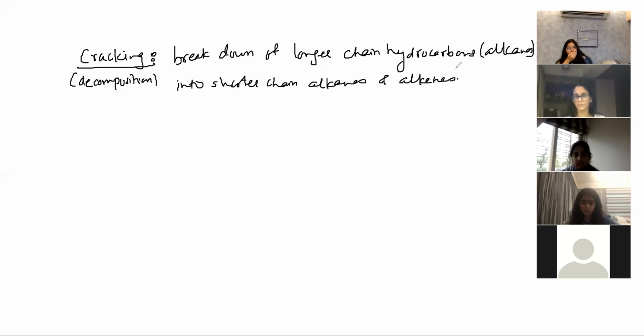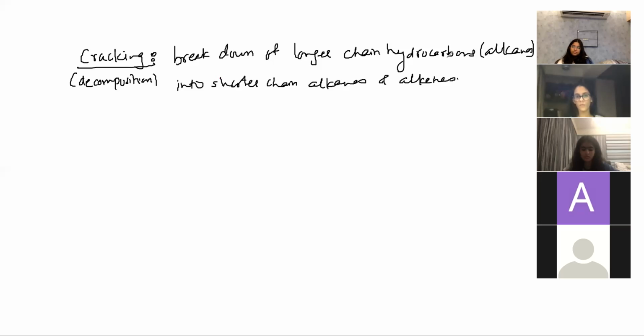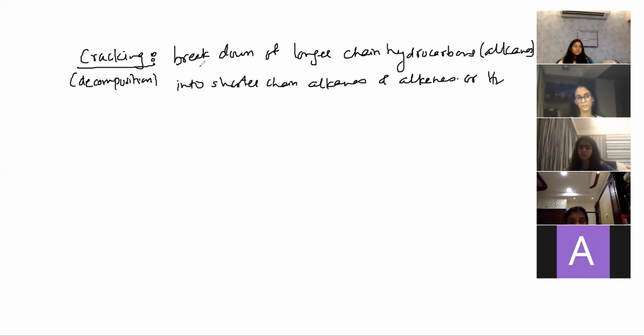So when you break down a longer chain hydrocarbon into two smaller hydrocarbons, the smaller hydrocarbons may be alkanes or alkenes, or sometimes even hydrogen. You even get hydrogen. So this process is called cracking.